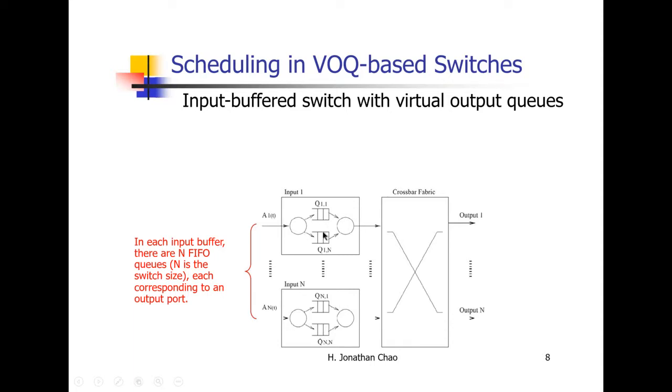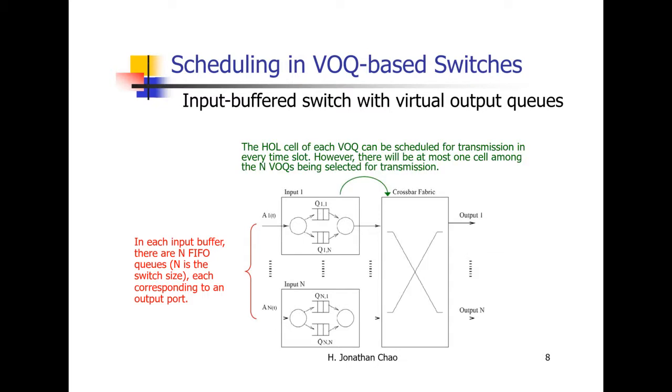Since now the head of the line cells can be picked out of each logical queue, the contention and the arbitration is not between n, but n square potential cells that are contending for the output. So the scheduling mechanism gets a little bit more complicated than in the case of input queuing without virtual output queuing.